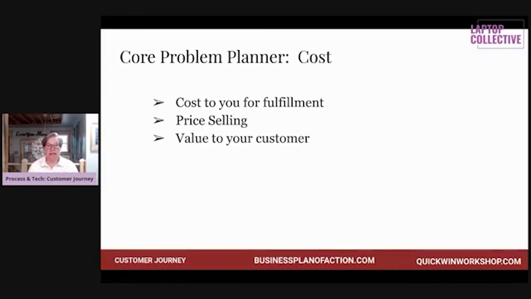Then the price that I'm offering this community and the fulfillment cost to me, what I'm trying to do is make that a no-brainer, but you really need to document it. We're visual people, and documenting your product or service in terms of fulfillment, the price that you're selling, and the value to your customer is really important.